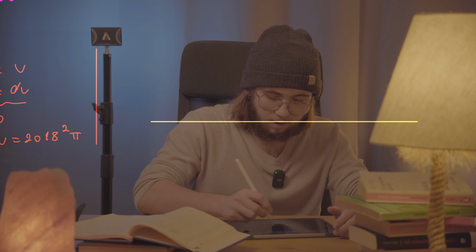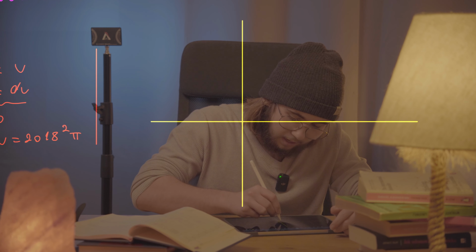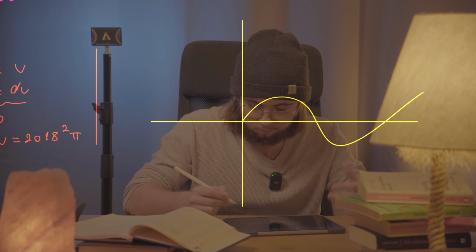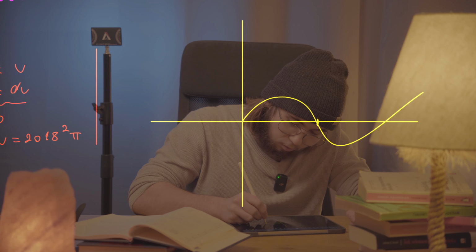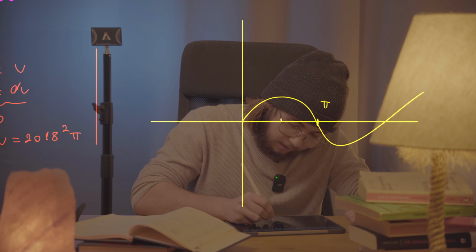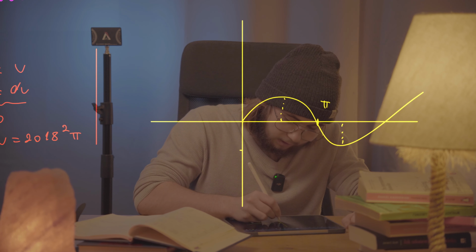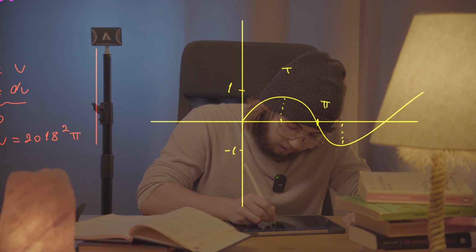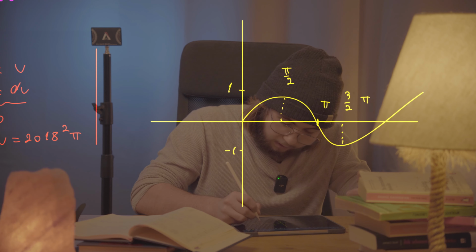So this is going to be my coordinate system. This sine will look something like this. It crosses the x-axis at pi, it gets to its maximum and minimum values, -1 and 1, at pi over 2, at 3 over 2 pi, and all that.